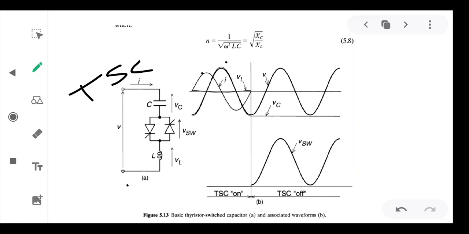The bottom figure shows that when TSC is switched on, the voltage across the thyristor switch is 0. When TSC is off, the voltage across the thyristor switch is equal to the supply voltage.